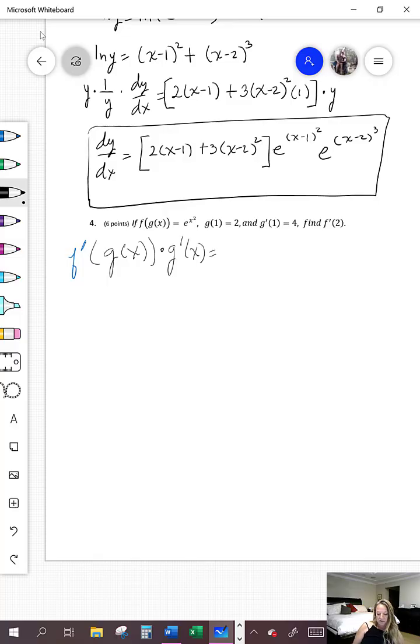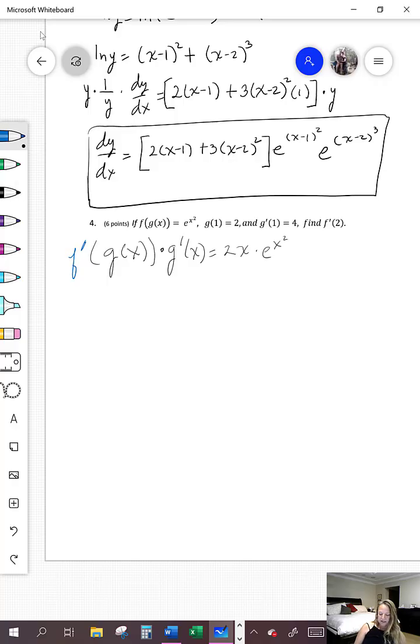This is equal to the derivative of the other side, e to the x squared. Derivative of e to a power is just itself times the derivative of the exponent. Derivative of the exponent x squared is 2x, all times itself, e to the x squared.